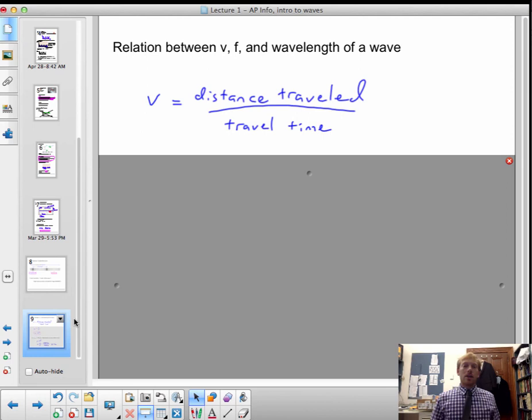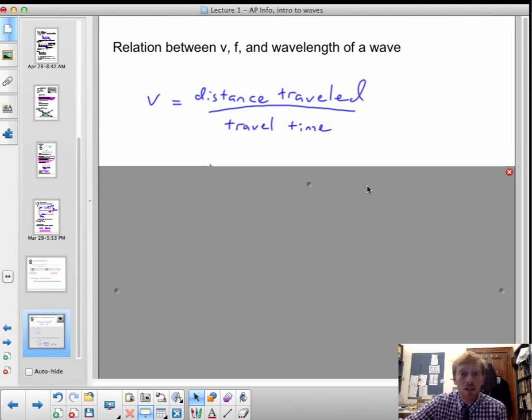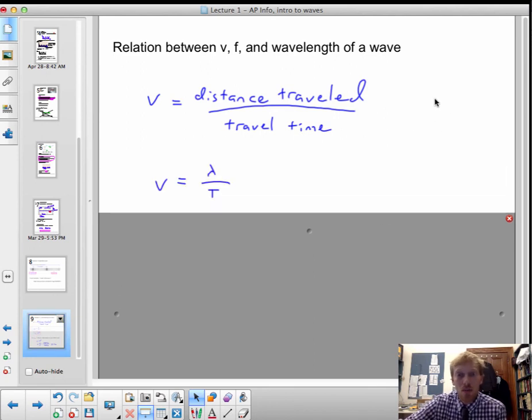All right, the last thing that I want to talk about is the relationship between the velocity of a wave's travel, the frequency it has, and its wavelength. And I'm going to do this derivation a little bit hand-wavy-like, but we know that velocity of an object is the distance that it travels divided by the time it takes to travel that distance. Well, if you consider that a wave is traveling, and you plant your mouse cursor somewhere, you might consider how much of the wave has gone by you during a travel time of one period.